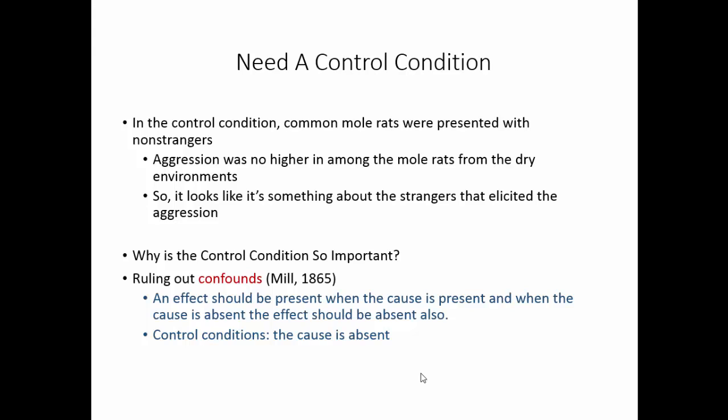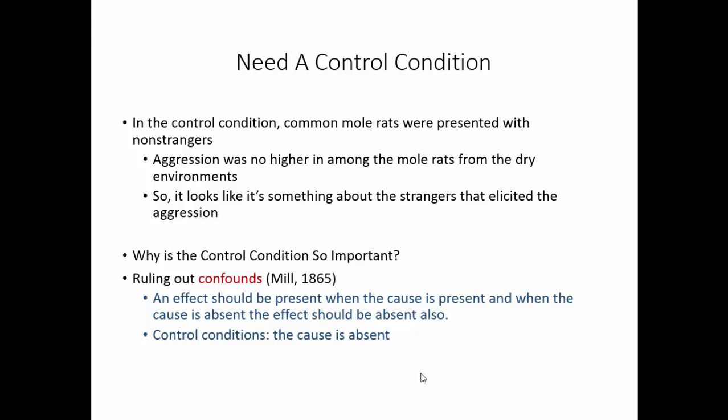Is this a well-done experiment? The number one thing you should be thinking is, are there any confounds? Are there any confounded variables? So you need a control condition to compare.